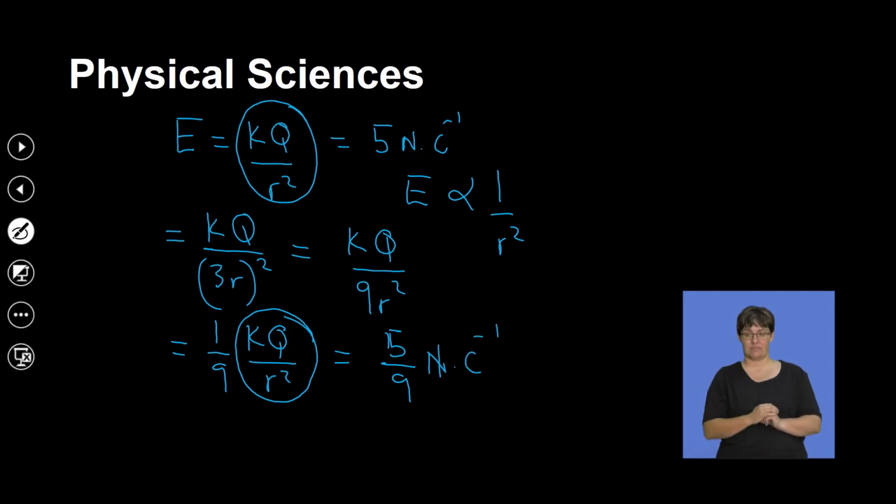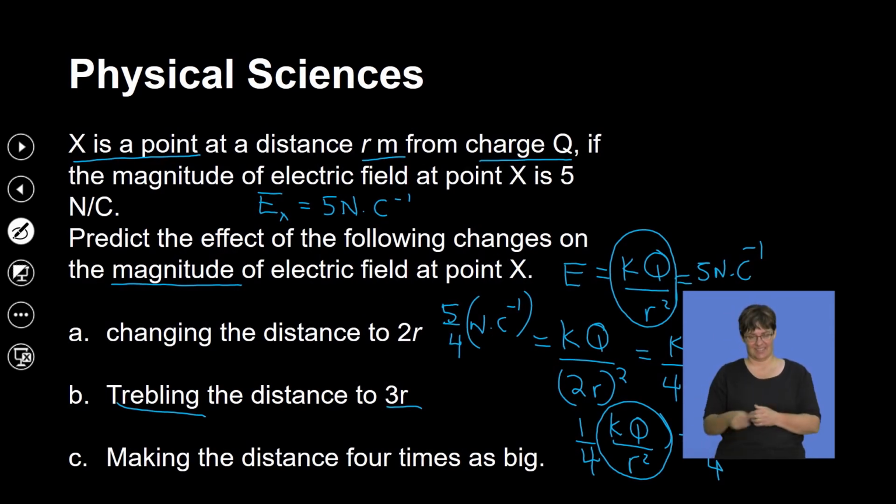This is the new magnitude of the electric field at the point, which is even less than when we double the distance. So going back to that question, what is the magnitude? It's 5 over 9 newtons per coulomb. That's the magnitude; we didn't say anything with respect to the direction.